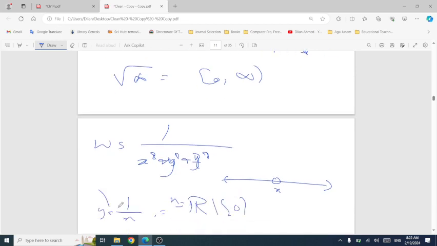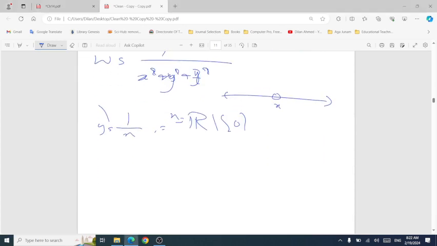No. If y is 0, I will get a problem. If x and y is 0, I will get a problem. How about 3 of them? Only one case will make the denominator 0.